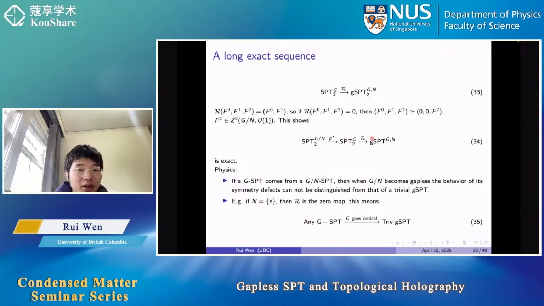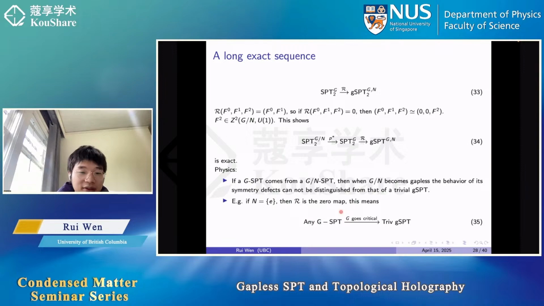So R is now the zero map. This means all SPTs become trivial if the entire G becomes gapless. All SPTs become the same thing. You cannot tell the difference. This is just what we discussed earlier.